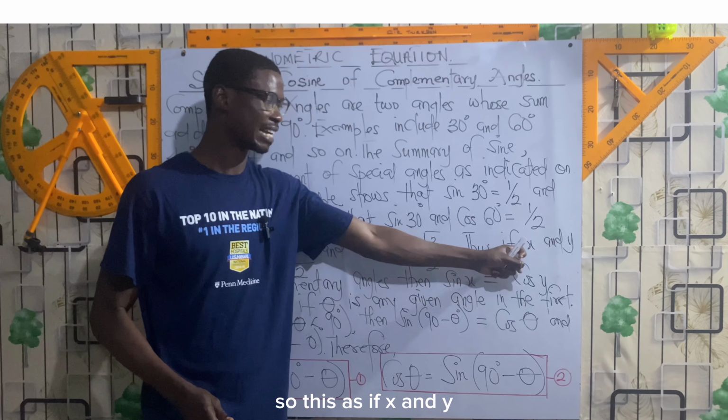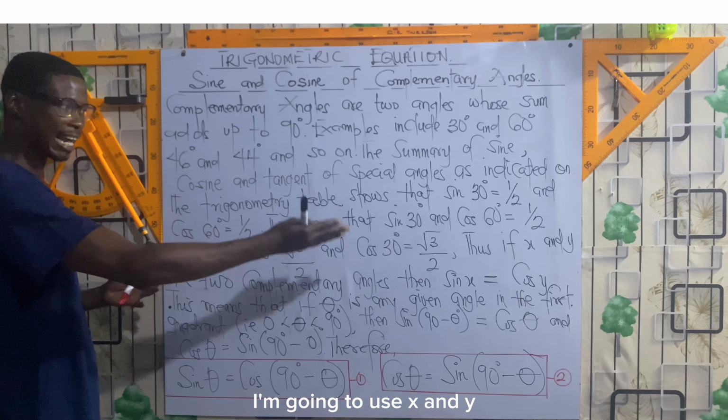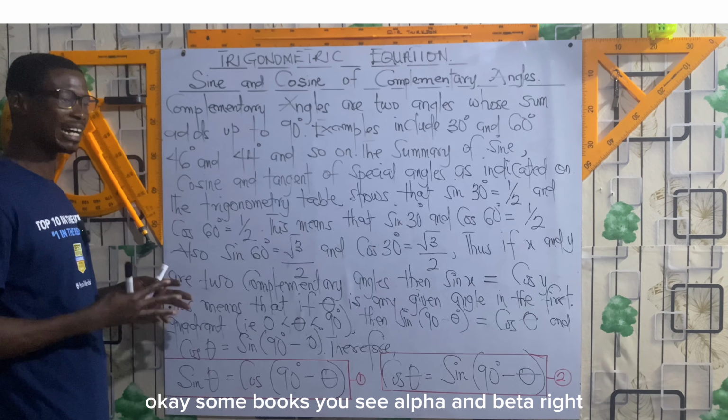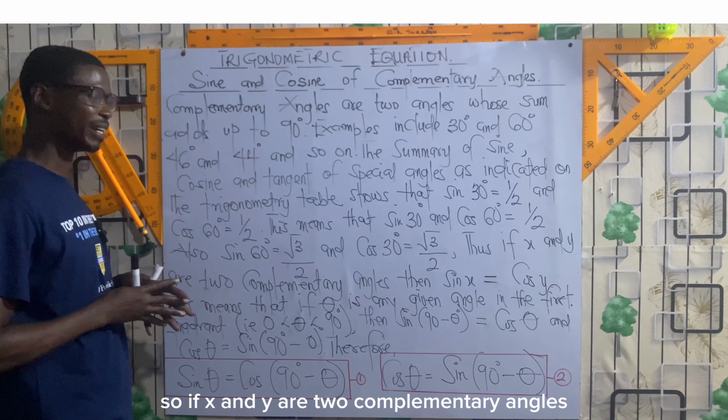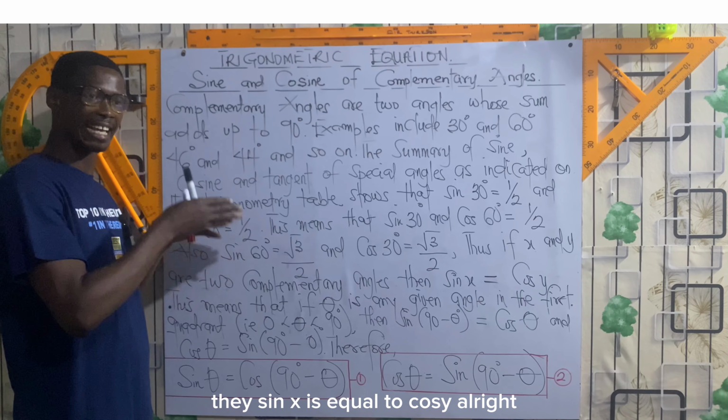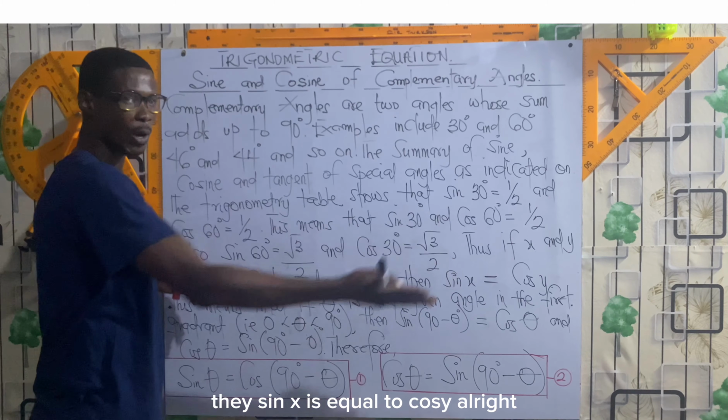So if x and y, I'm going to use x and y, some books use alpha and beta, are two complementary angles, then sine x is equal to cos y.